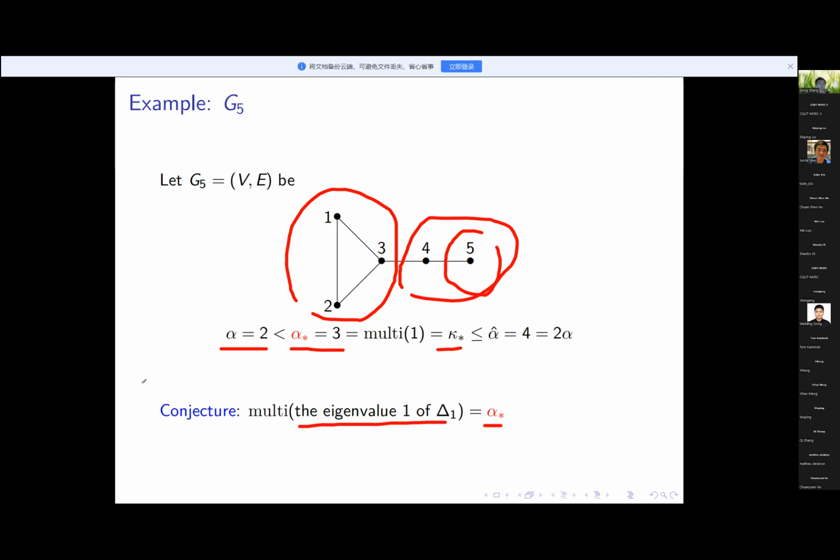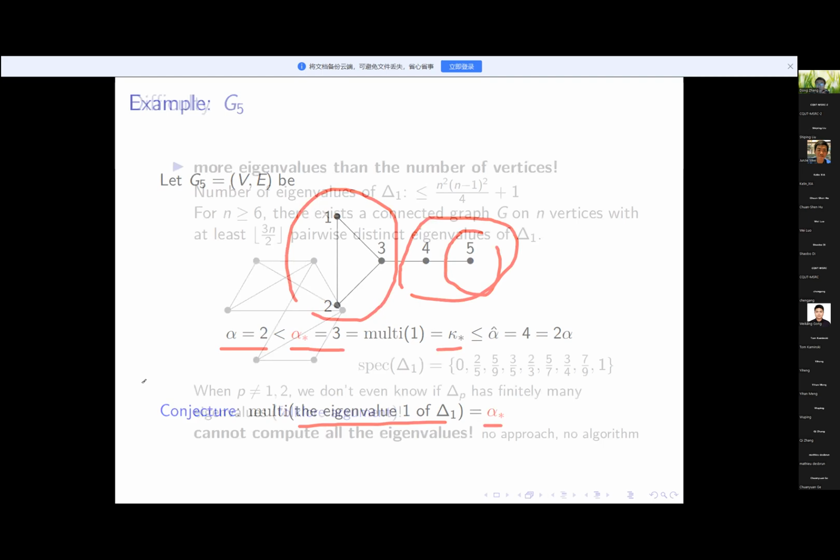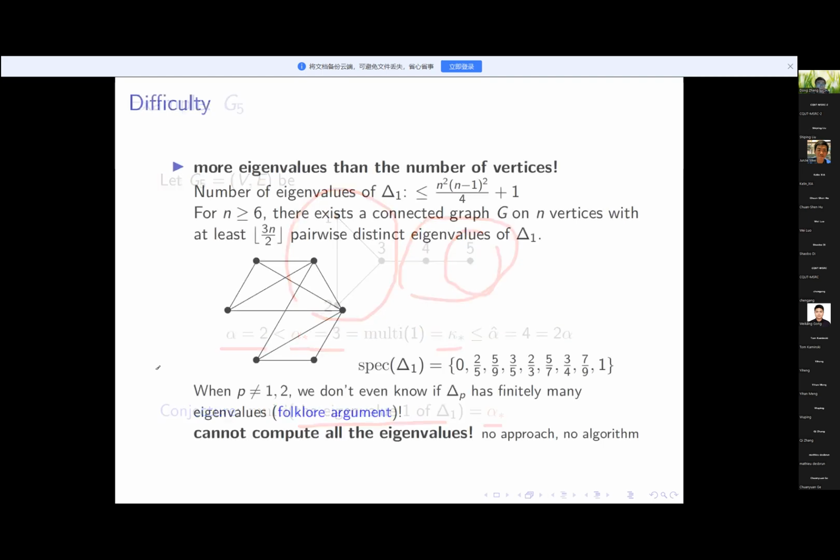I will show some difficulties in studying the p-Laplacian eigenvalue problem. In fact, there can be more eigenvalues than the number of vertices. For the 1-Laplacian case, we can prove that the number of eigenvalues is finite, and it is bounded by n to the power 4 over 4.